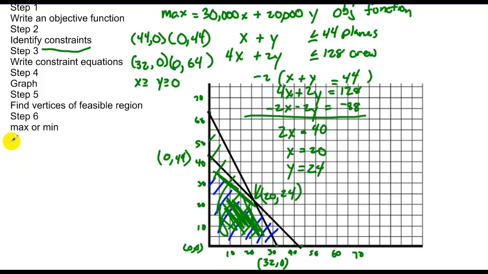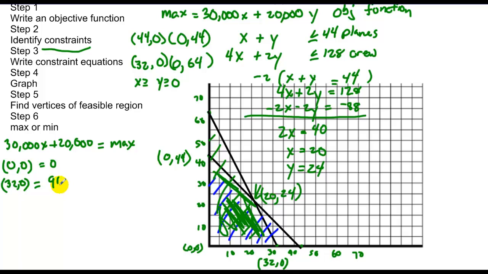I'll write it again over here. I have 30,000x plus 20,000y equals max. 0, 0 gets me 0. 32, 0 gets me a total of 96,000.